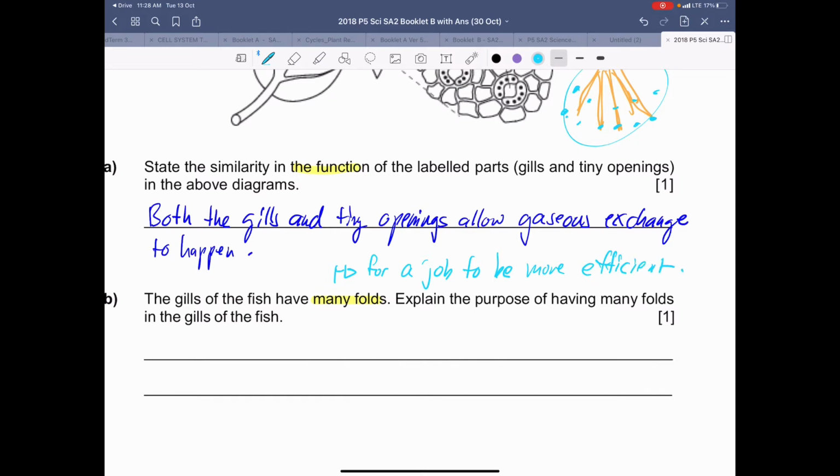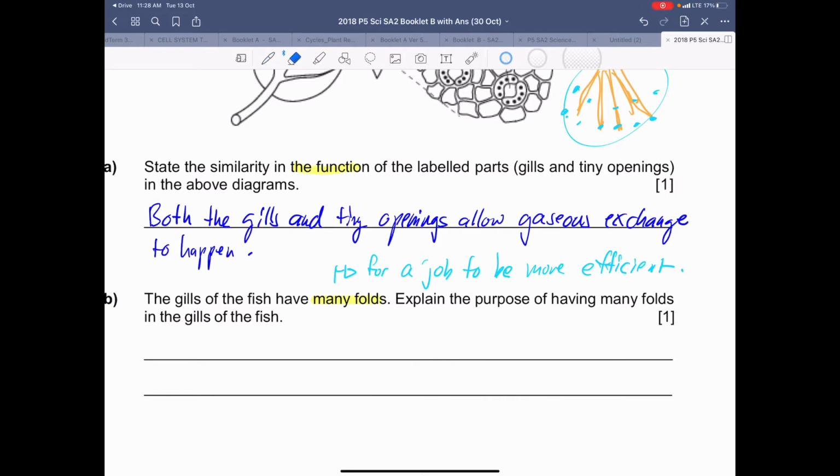So you ask yourself, what is the job here? The job of your gills is for gaseous exchange to happen, correct? So you want it to happen at a faster rate. The word more or faster needs to be there, and I don't see it in your answer. And that is the problem.